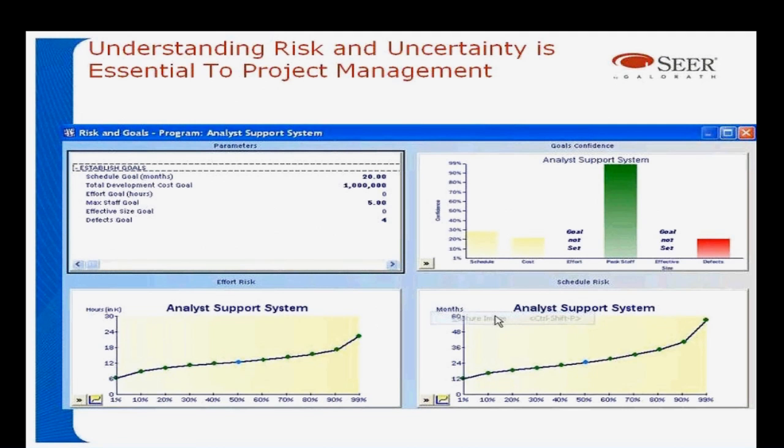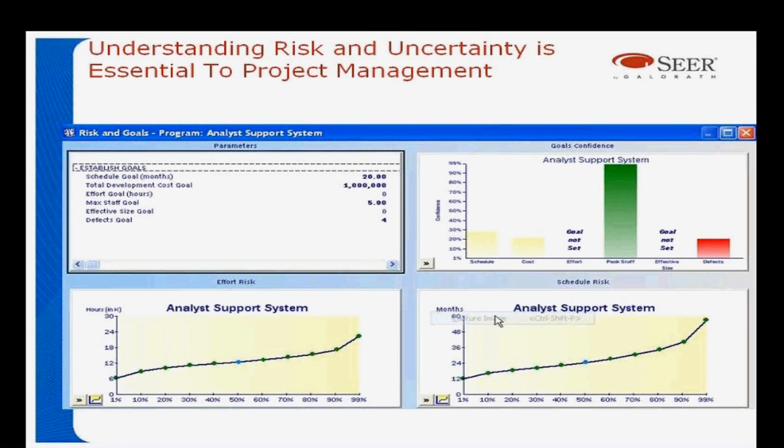Here we can see a small example of an output. The goal was to have a schedule in 20 months. It looks like there's about a 30% probability on the chart on the right of hitting that 20-month schedule. The goal was to have $1 million in cost. Looks like there's about a 25% probability of hitting that cost. Peak staff of 5 people. You have plenty of staff. The problem is you just don't have enough time.